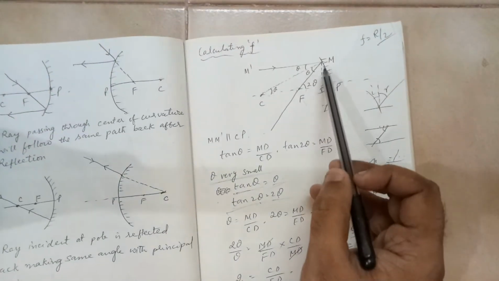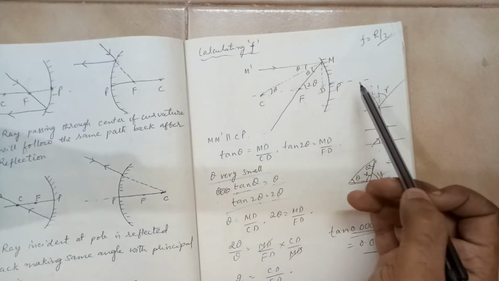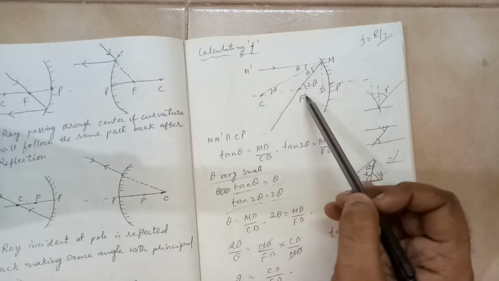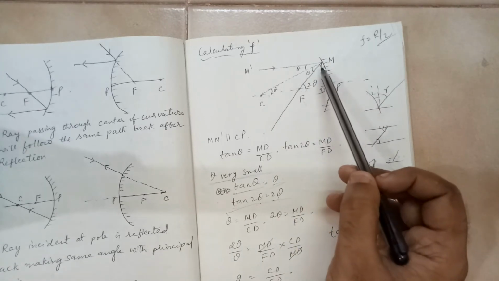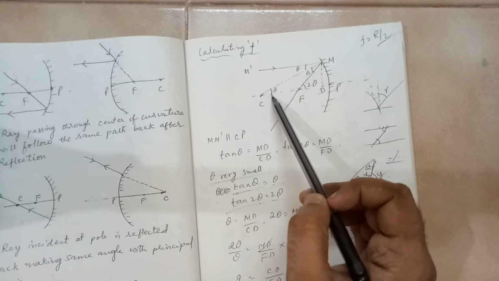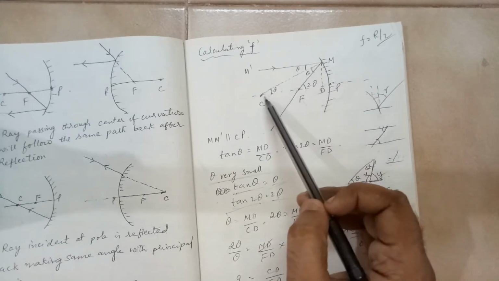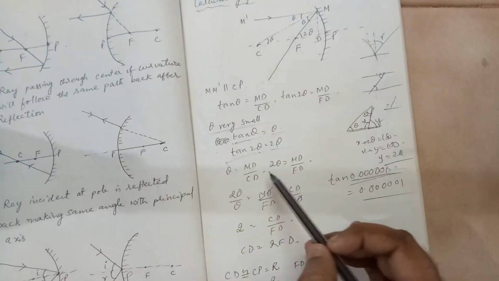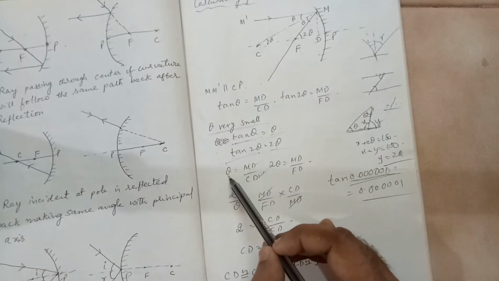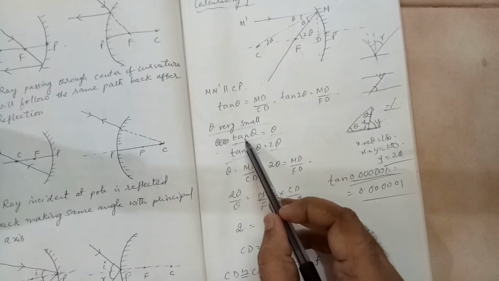So we have to see the tan in triangle MCD. This tan theta will be equal to opposite by adjacent. It will be MD divided by DC. That is tan theta.